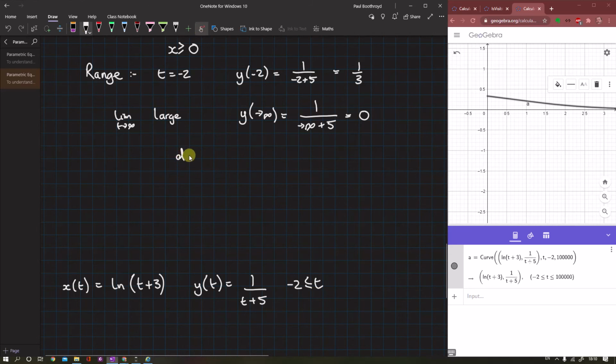So we try differentiating y with respect to t. We are differentiating 1 over t plus 5. You can rearrange it as u equals t plus 5, du/dt is 1, and therefore we are differentiating u to the minus 1. u to the minus 1 gives me minus u to the minus 2, which is minus 1 over t plus 5 all squared.